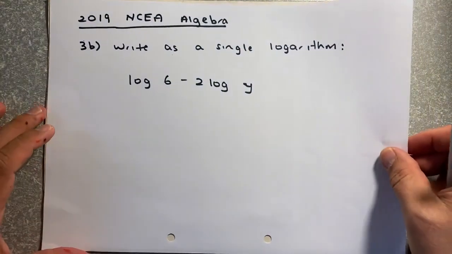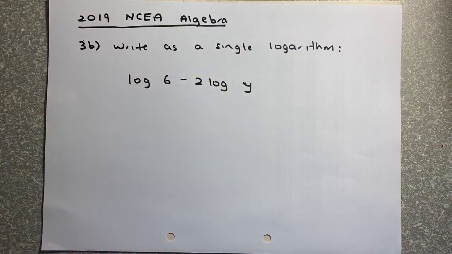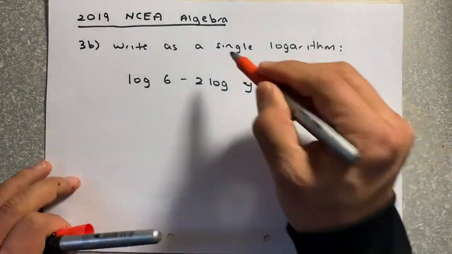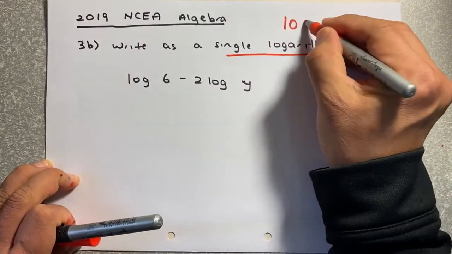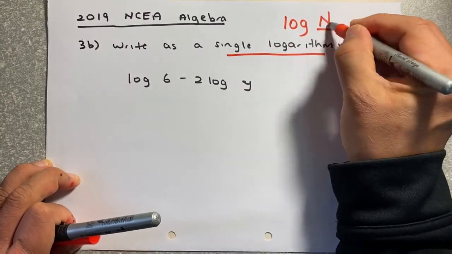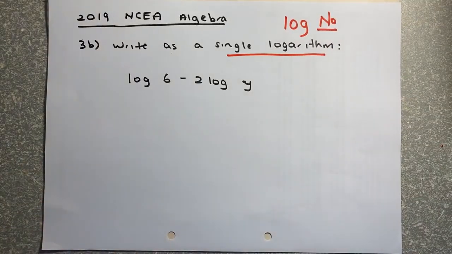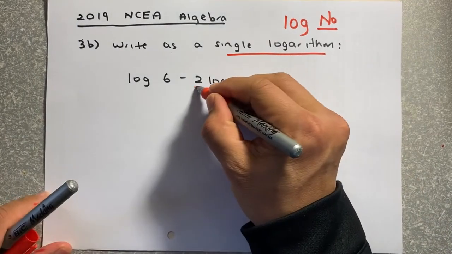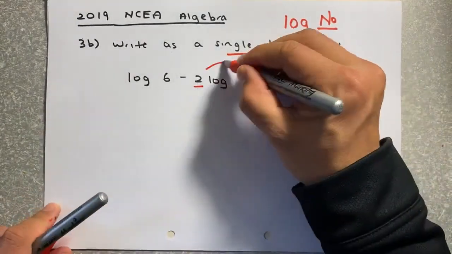Okay, we shall look at the 2019 exam, another achieve question. So they want you to write as a single logarithm. It means log to a particular number. That is what they mean. Okay, to do that, we are going to simplify. So the first thing, rule number 3, these two can go up and become a power.